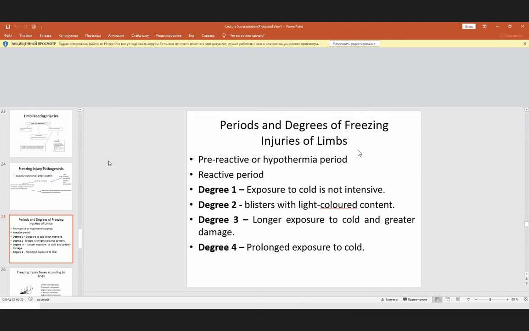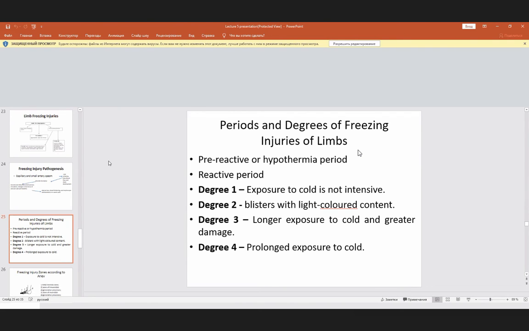During this period, skin is pale, cyanotic, cold, and has low sensitivity or is insensitive. The reactive period involves warming of the limb and blood circulation restoration.